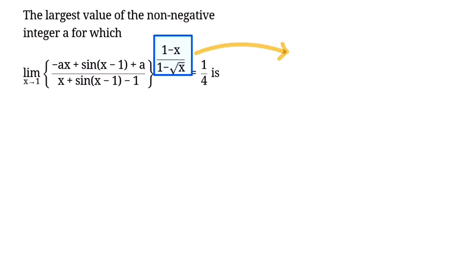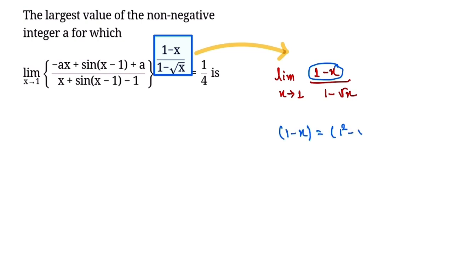Here we write the limit as x tends to 1 of 1 minus x and 1 minus under root x. Here 1 minus x can be written as 1 square minus under root x square.